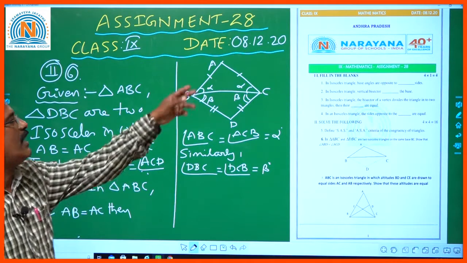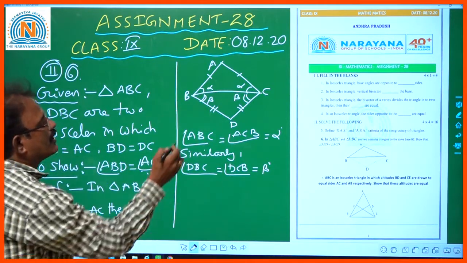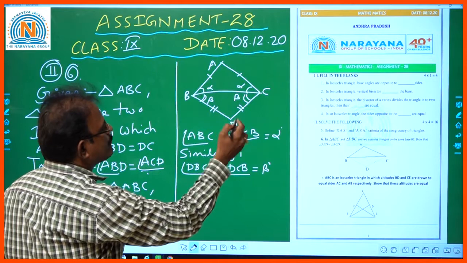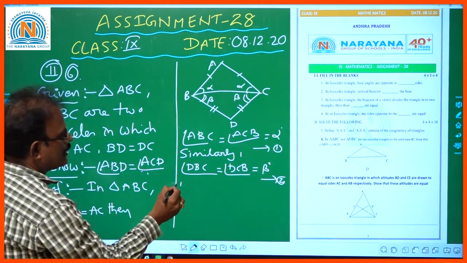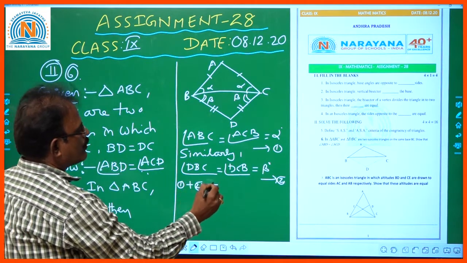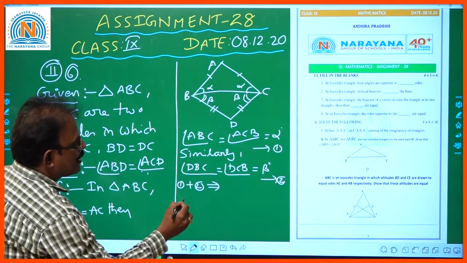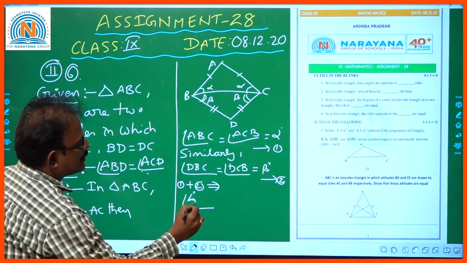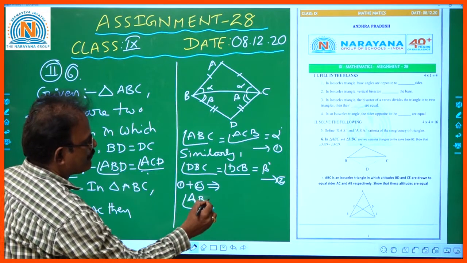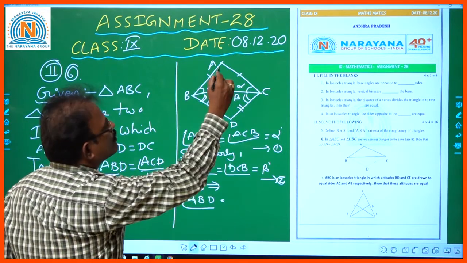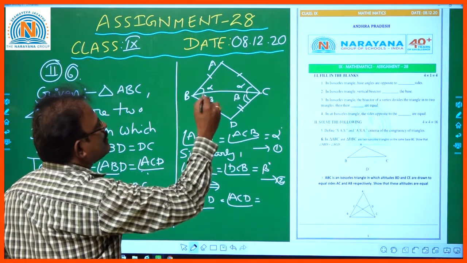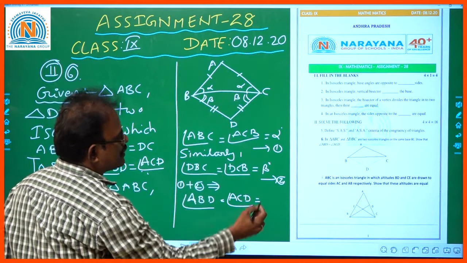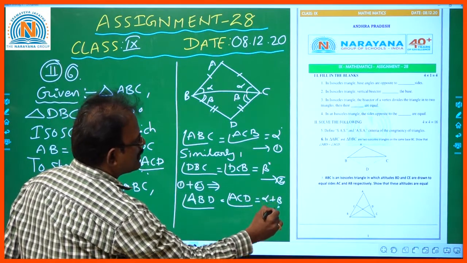Now if you add these two, then what happened? ABC plus CBD, say this is 1, this is 2, then 1 plus 2 provides the entire angle ABD, which is equal to ACD, because ACB plus DCB is alpha plus beta.